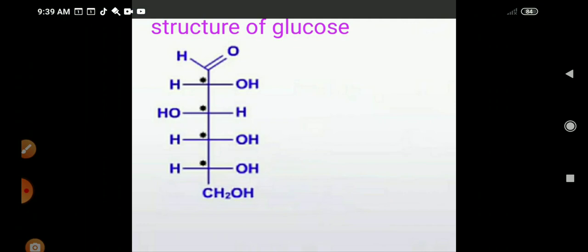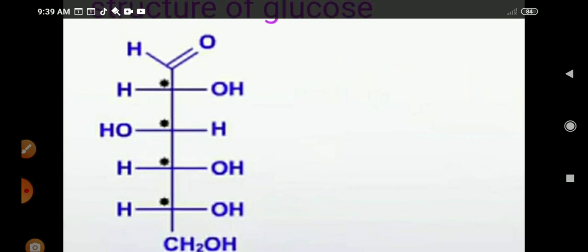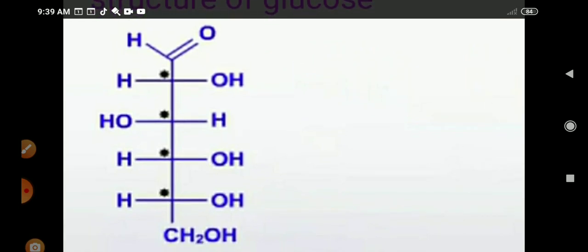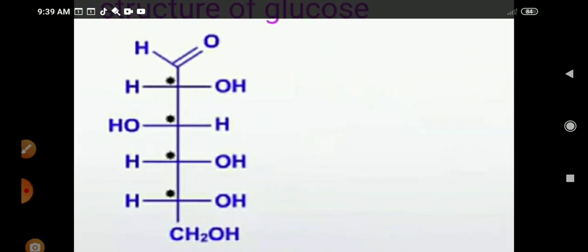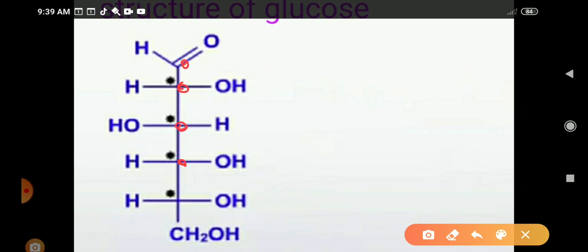So let us see the structure of glucose here. What we have confirmed here is that the glucose molecule has 6 carbon atoms. Let us count the number of carbon atoms: 1, 2, 3, 4, 5, 6. So a total of 6 carbon atoms are there.